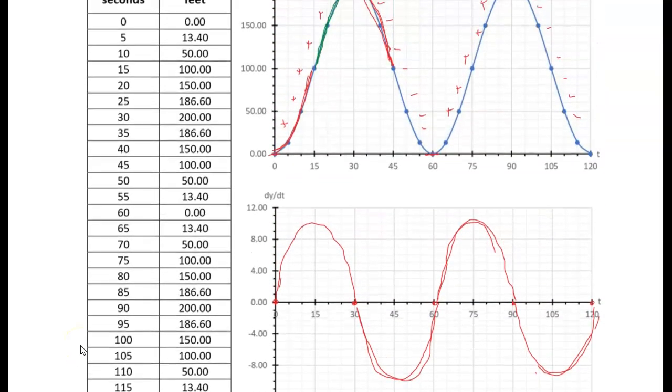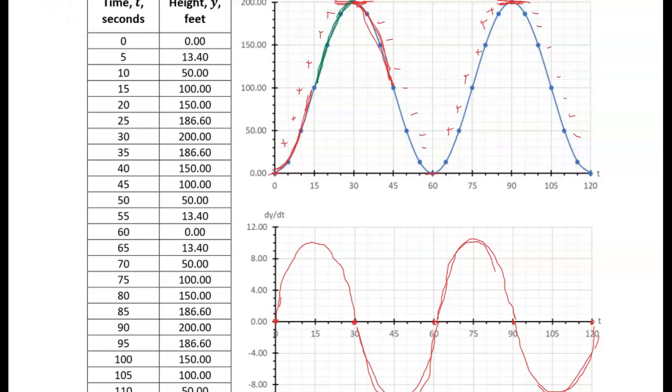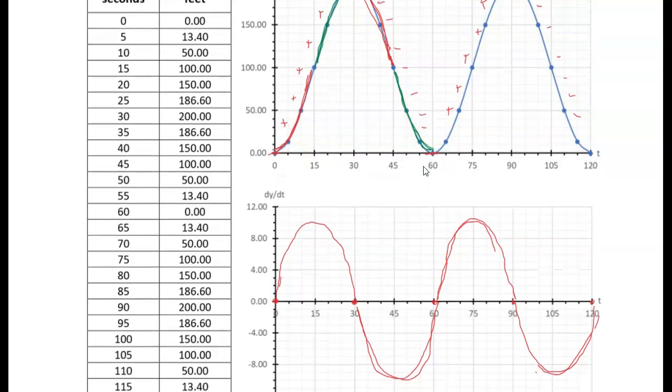And then finally, let's look at the section in the curve between 45 and 60. You can see it's still decreasing here, but now it's becoming less negative. It's still negative, but it's less negative.